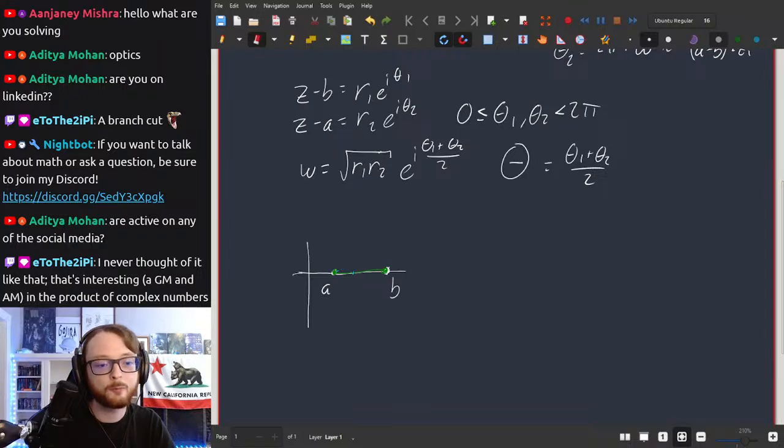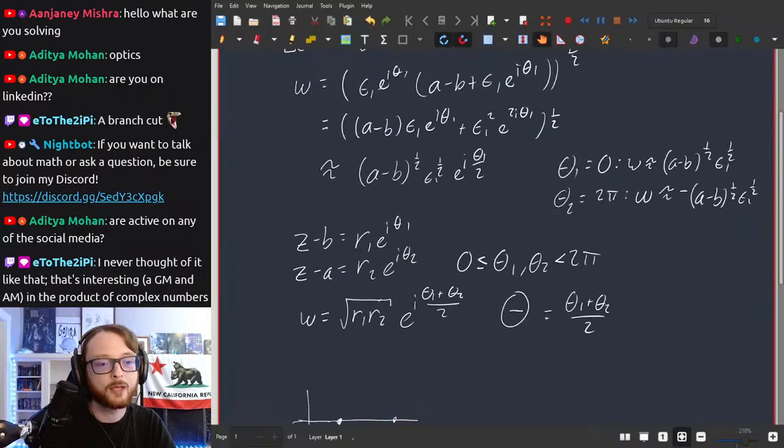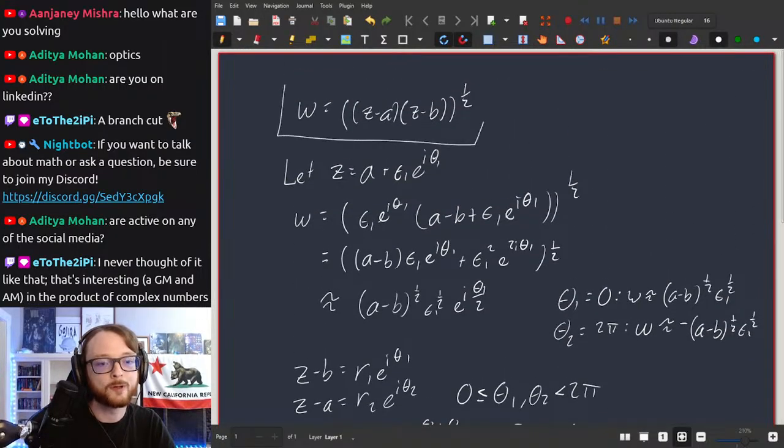Yeah, I mean, it's specifically with a square root, I guess. I don't know if there's anything actually to that. I'm looking at my original function that I'm dealing with.